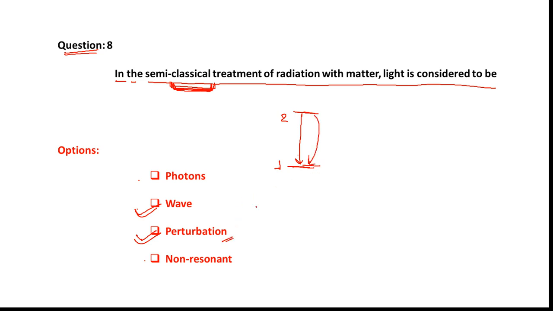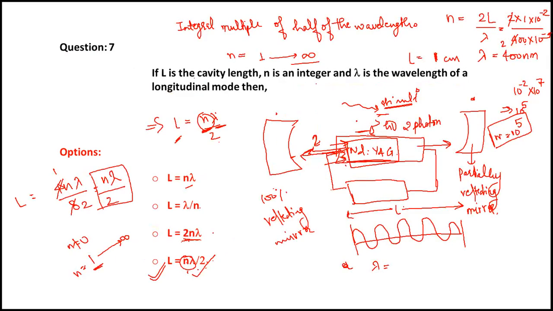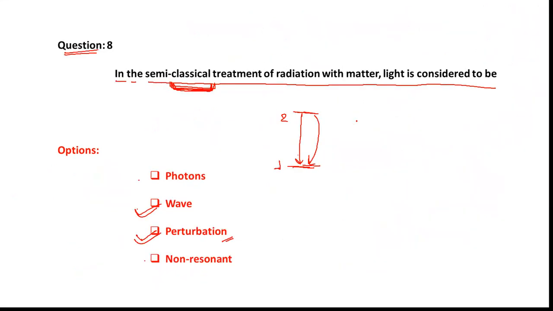In this case you will have two correct answers for this question: the first one is the wave and the second one is perturbation. In the classical treatment, light is not considered as a wave, but in the semi classical treatment, this part of light is also taken into consideration.